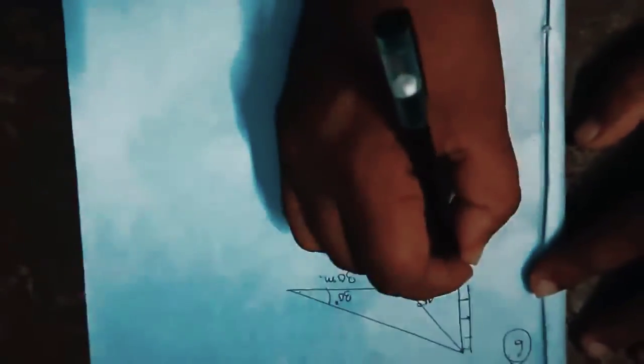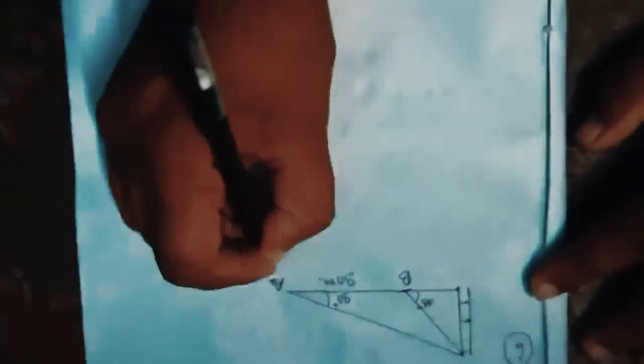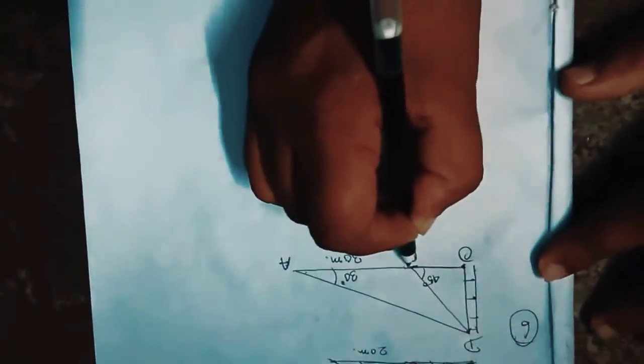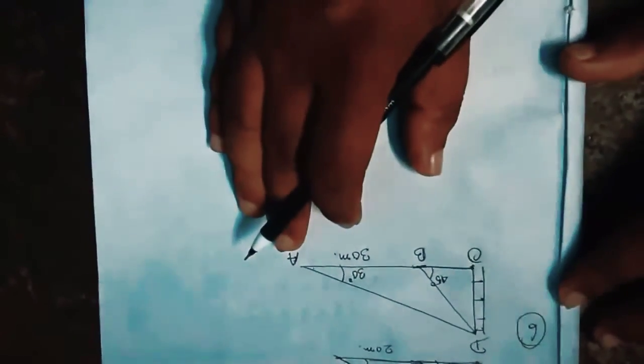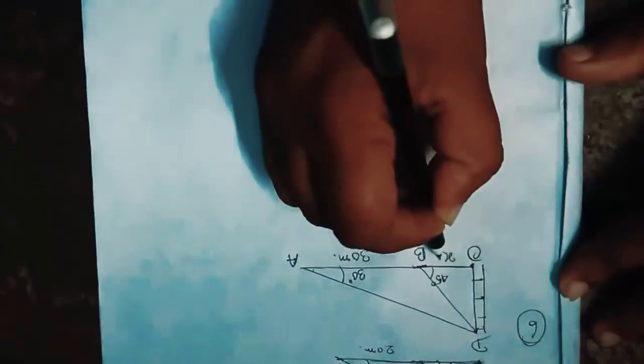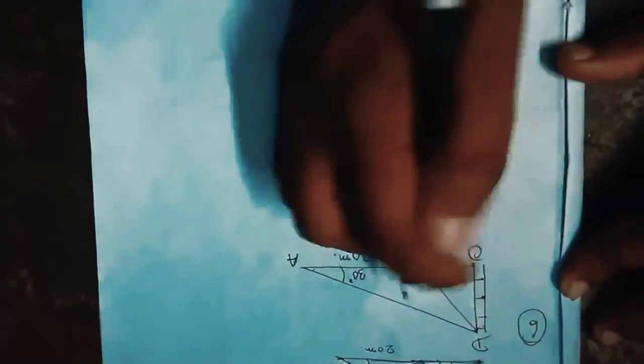This is the point A that is given. We are taking this as O, this as D. This is a different type of question. How can we solve this question? We take OB as x meter and this height as h.